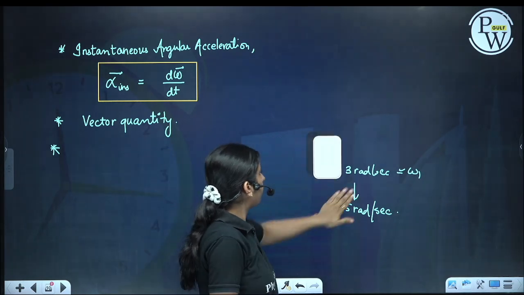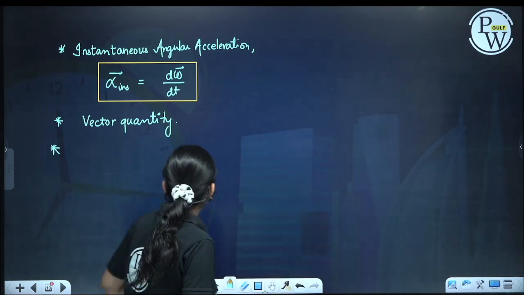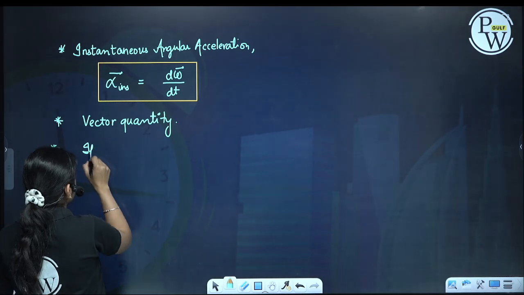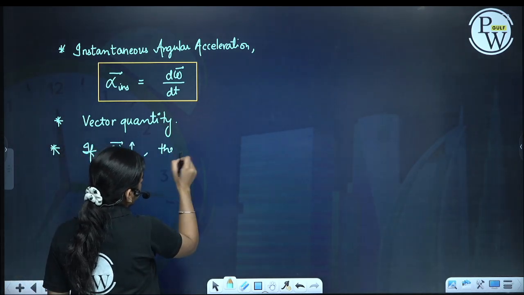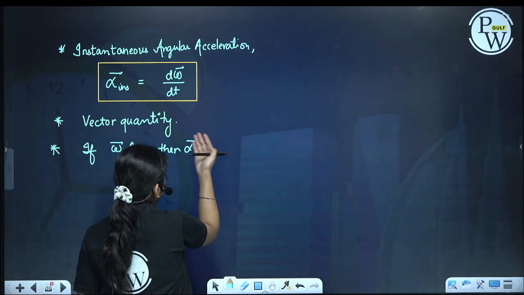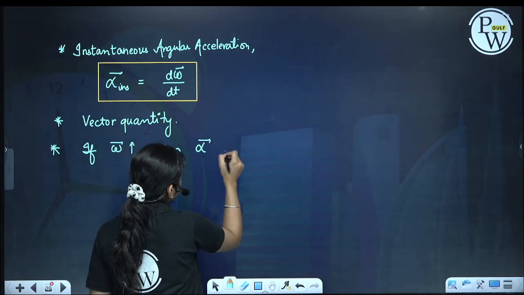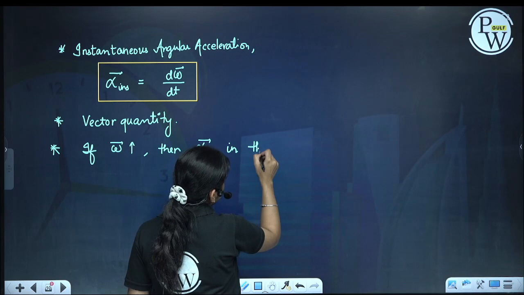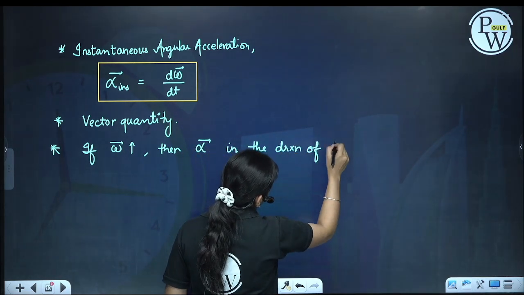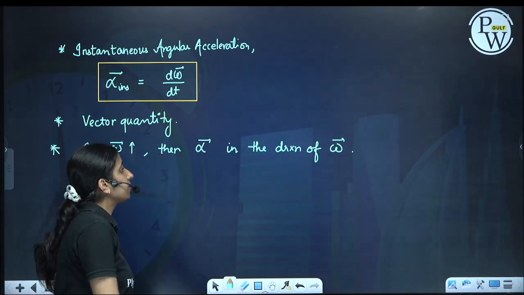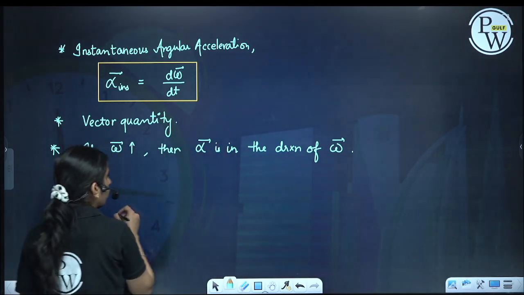So if omega increases, then alpha will be in the direction of omega.